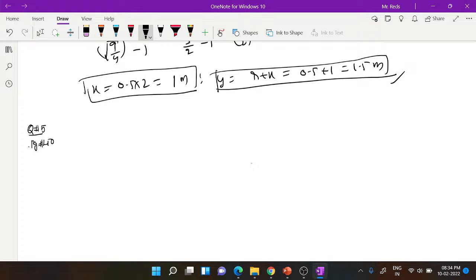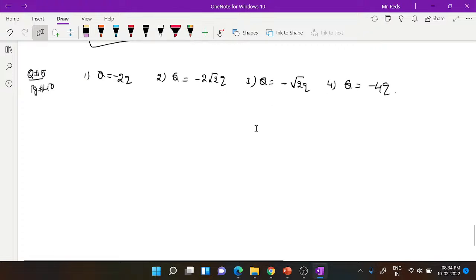The options are: Q is equal to minus 2q. Second, Q is equal to minus 2 root 2 q. Third, Q is equal to minus root 2 q. And fourth, Q is equal to minus 4q.